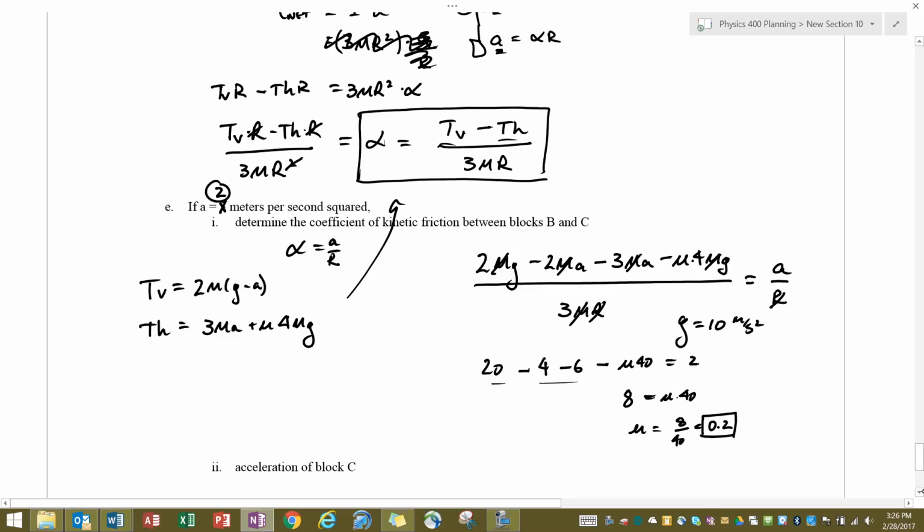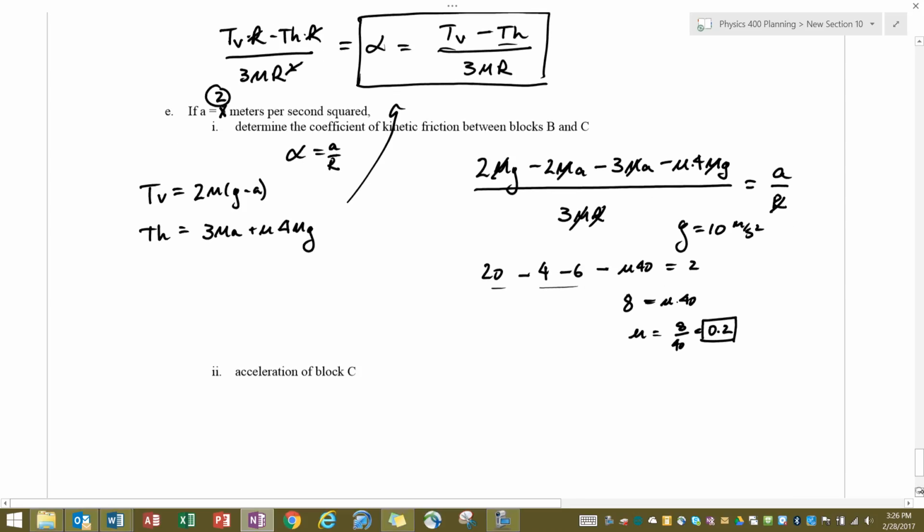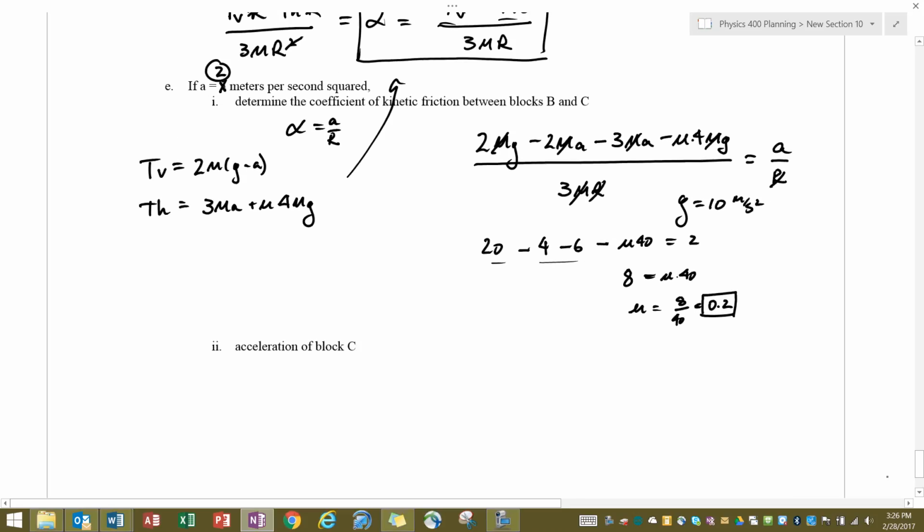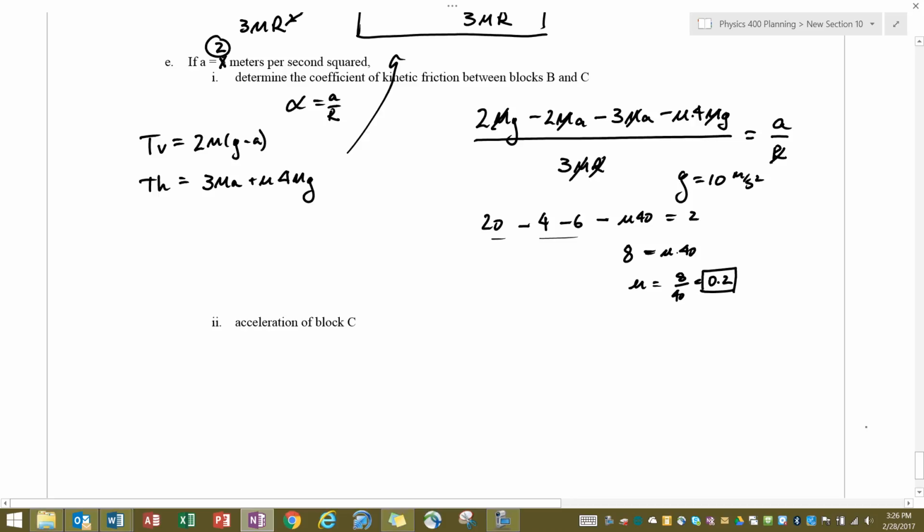And then for the acceleration of the block, block C. Block C is the one that's sitting on top. C has a mass of 4m. So the force diagram for this would look like this. 4mg, normal force equal to 4mg, and a forward directed force, which is this force of kinetic friction, which is equal to the coefficient times the normal force.